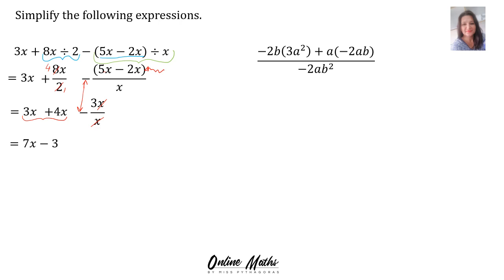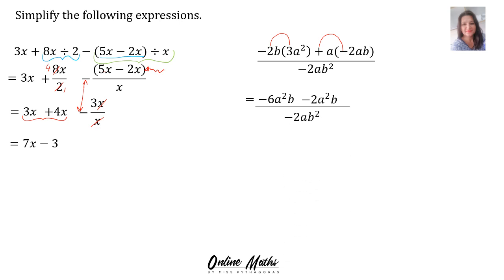On the right here, when we simplify this one, now we're going to multiply in the negative 2 into 3a squared. So a negative times a positive is a negative. 2 times 3 is 6a squared b. And then this one, a plus times a negative is negative 2a squared b.